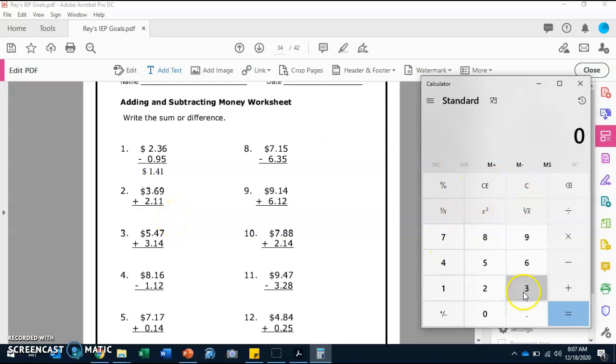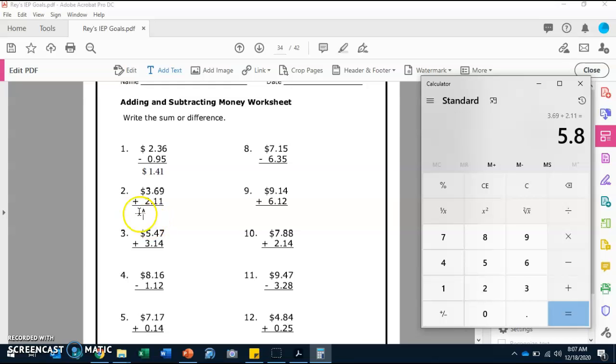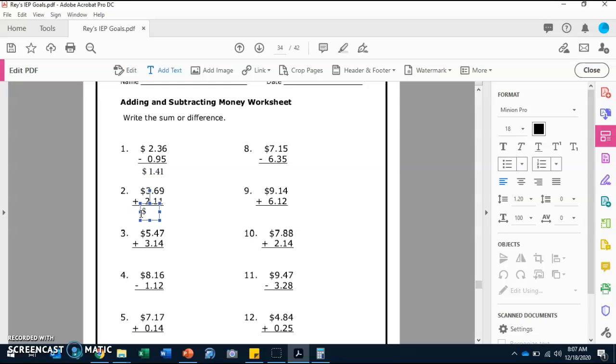So now we would add $3.69 plus $2.11, and that should give us $5.80. And the same thing we did over there. $5.80.